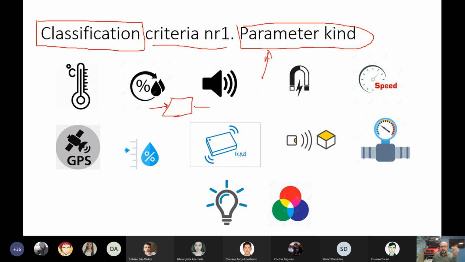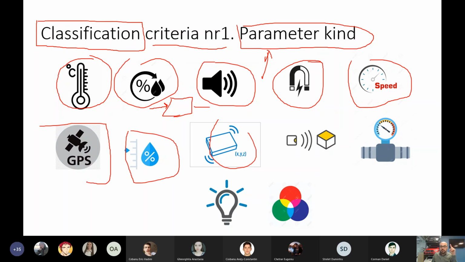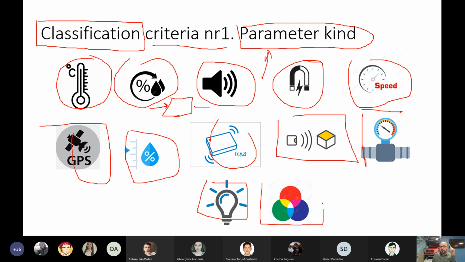Similar for everything, we have to choose the specific material or sensor that is sensitive to a specific parameter. We can say we are measuring temperature, humidity, sound, electromagnetic field, movements, positions, level of the water, global positioning, distances or pressure, lighting or color.